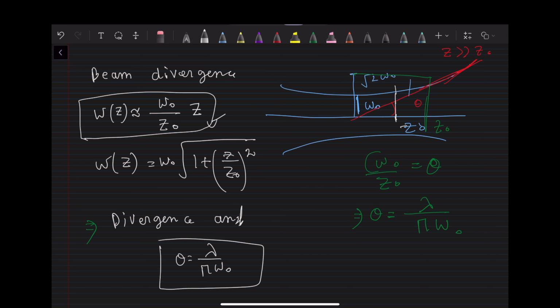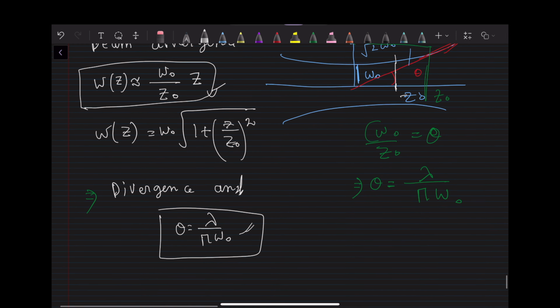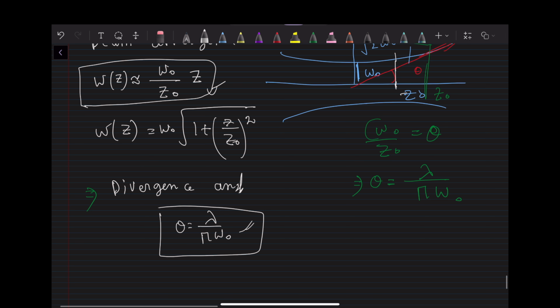And this expression is very important because one thing we can find out here is that suppose your beam waist, that minimum radius is called beam waist, right? Omega naught. So if beam waist is very small, then your divergence will be higher. If your divergence is smaller, then your beam width is higher.